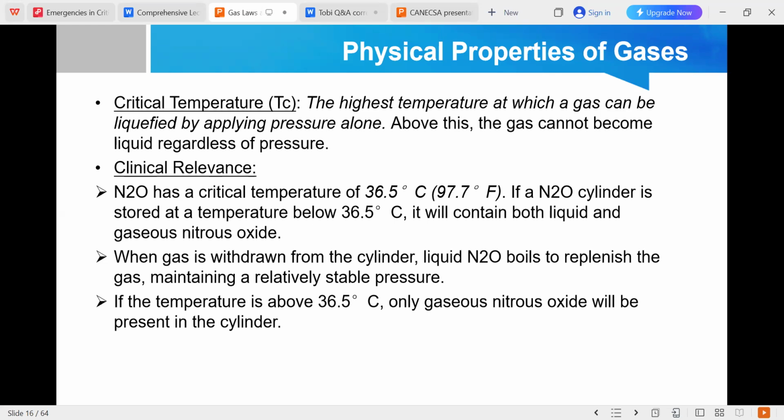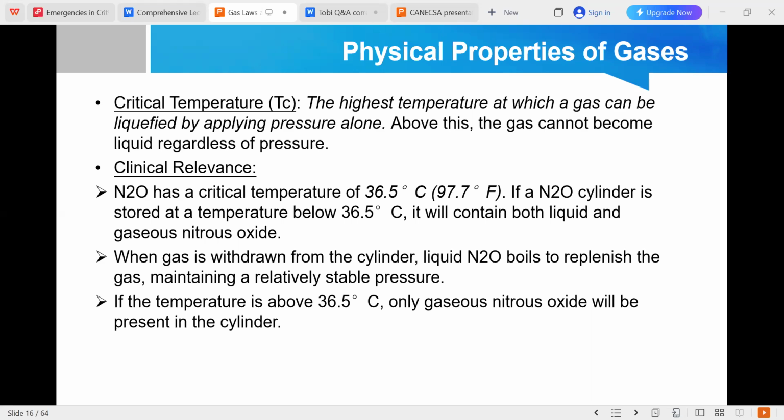So if a nitrous oxide cylinder is stored at a temperature below this, it will contain both liquid and gaseous nitrous oxide. When the gas is withdrawn for usage, liquid nitrous oxide boils to replenish the gas while maintaining a relatively stable pressure. And that's why the pressure gauge will not change.